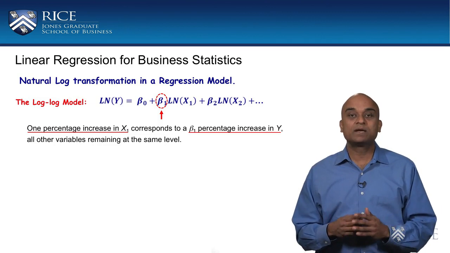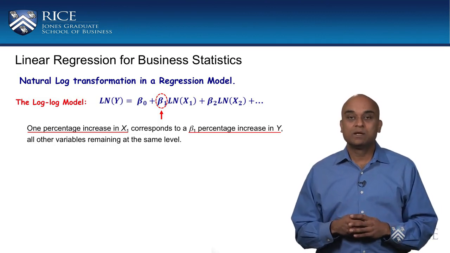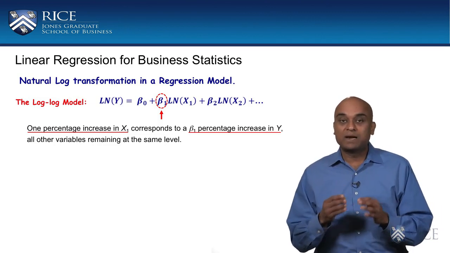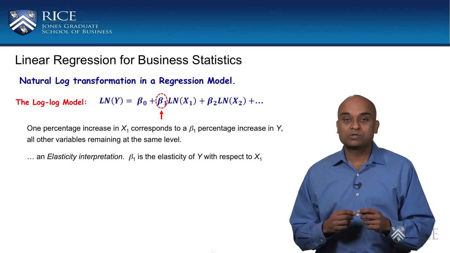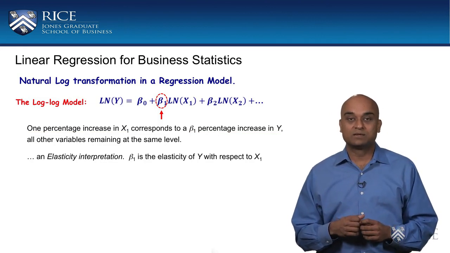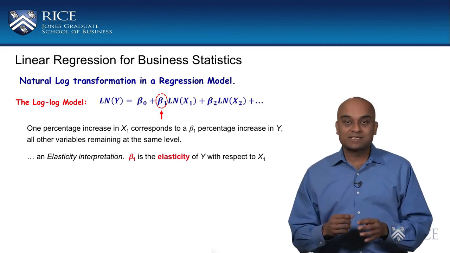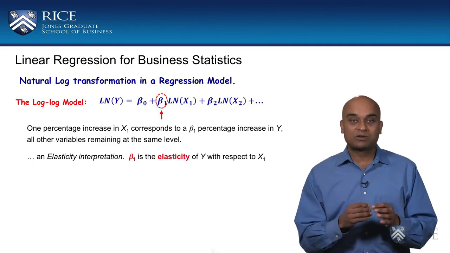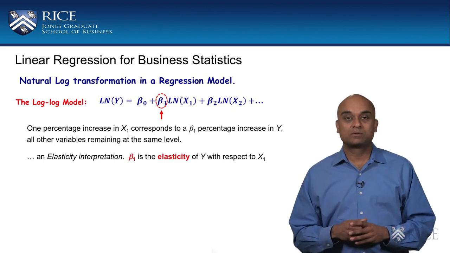Other coefficients are interpreted similarly. Note that this interpretation by definition is also the elasticity interpretation. So, beta 1 can also be interpreted as the elasticity of y with respect to x1 and so on.